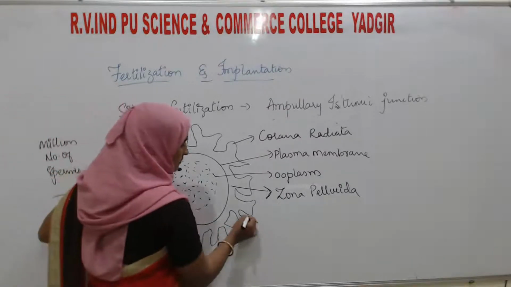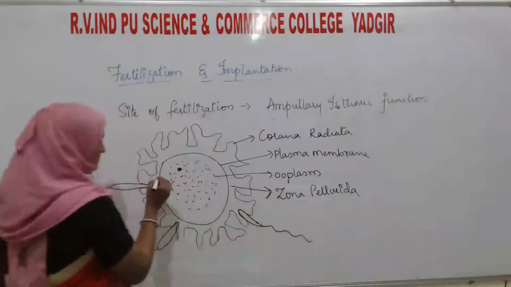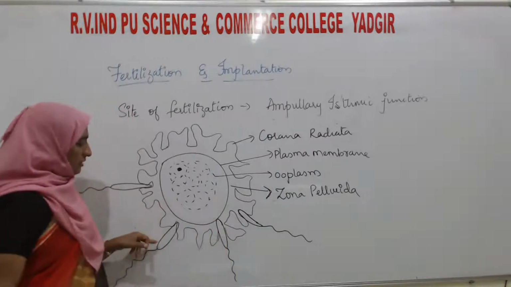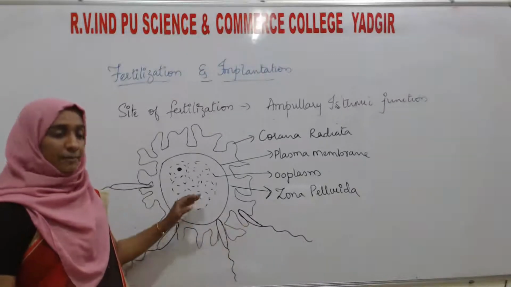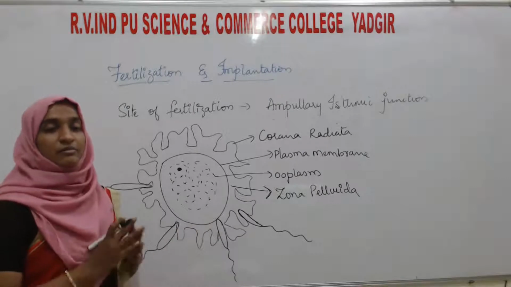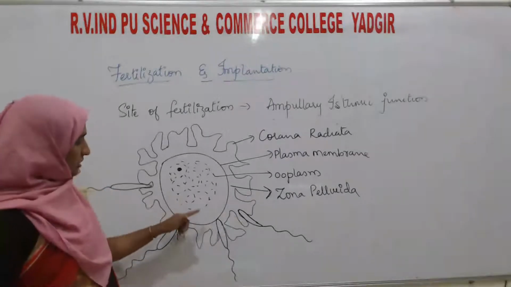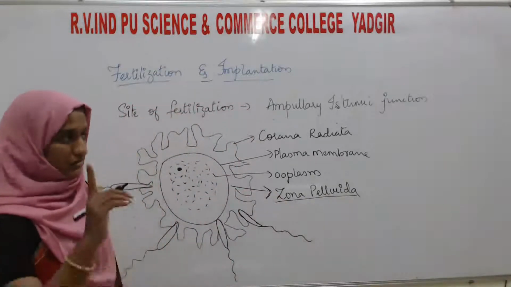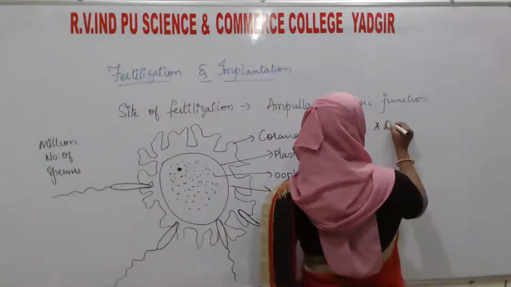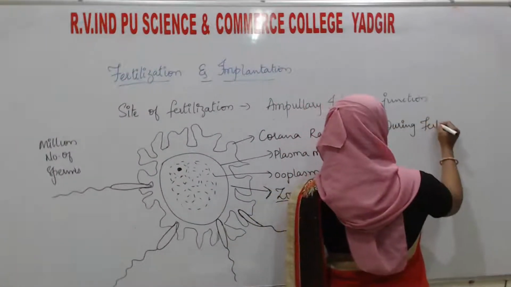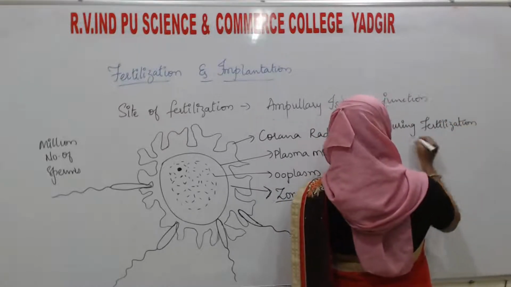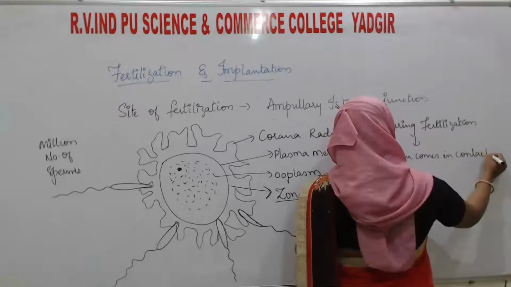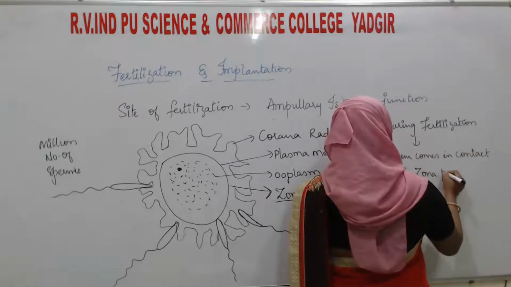See here. These are many sperms which are just trying to penetrate into the different layers of ova. Here some reactions are going to take place. First of all, during fertilization, a sperm comes in contact with the zona pellucida layer of ova.